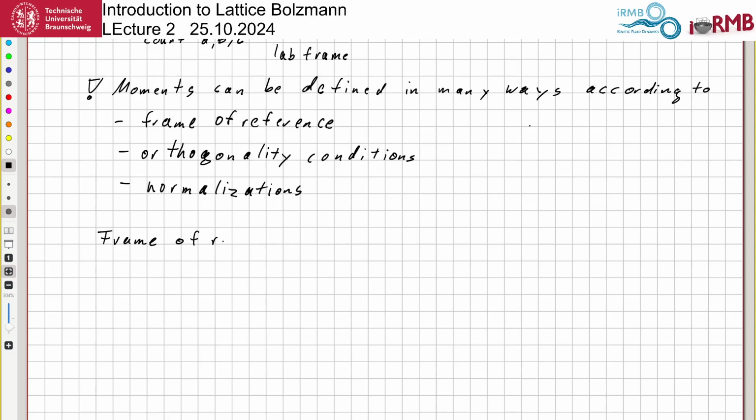How are we doing in time? Okay. So, frame of reference. There are infinitely many frames of reference, but the two that we are always talking about are the Eulerian and the Lagrangian.